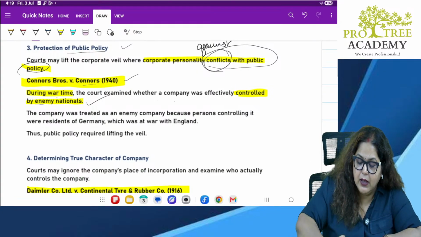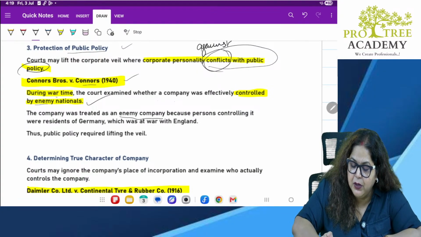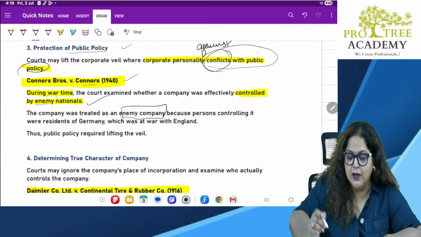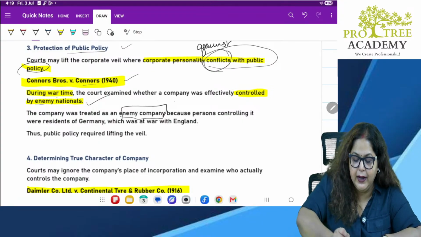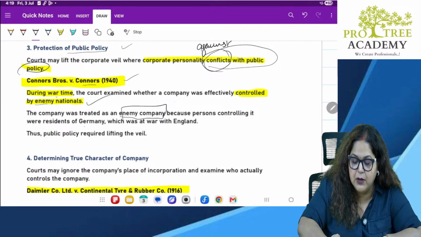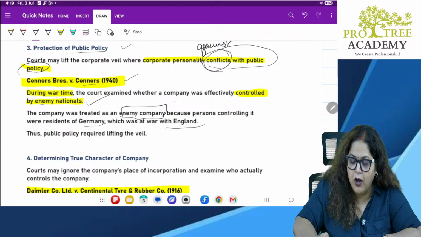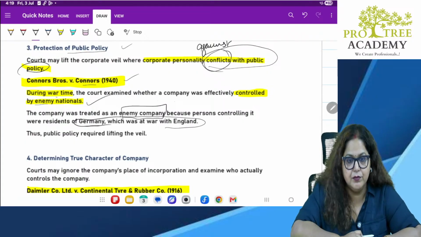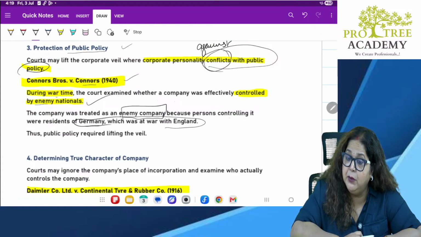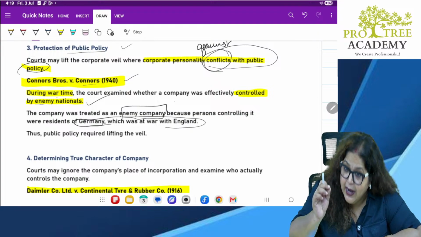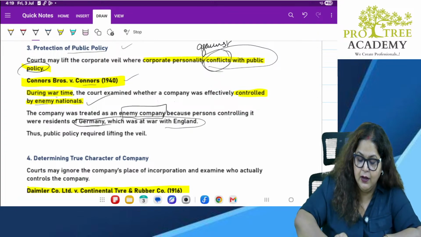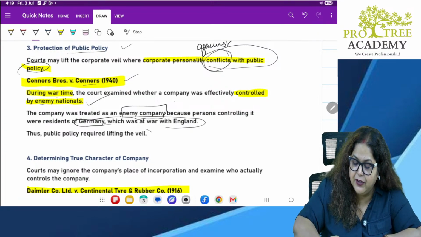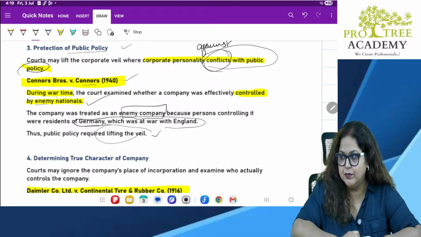It means the company was treated as an enemy company, because the persons controlling it were residents of Germany, which was at war with England. So this company is treated as controlled by the enemy country, and then public policy required lifting the veil. Clear?